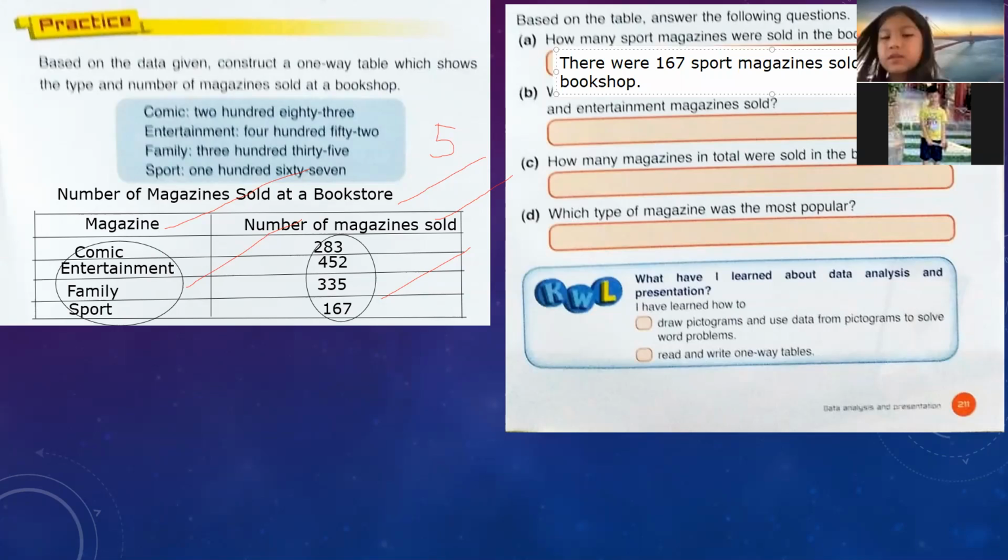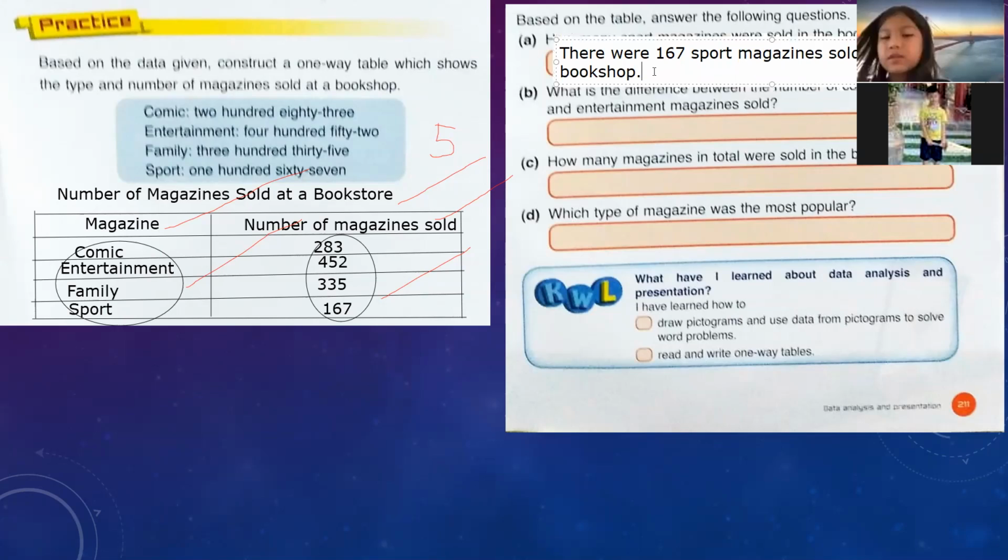Is the space enough? Teacher, can I write there were 167 sport magazines were sold? Okay, yes, that's accepted. That is still perfect English grammar.